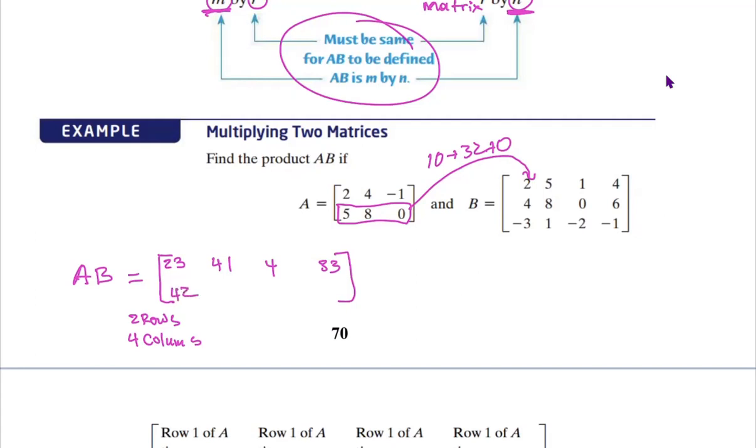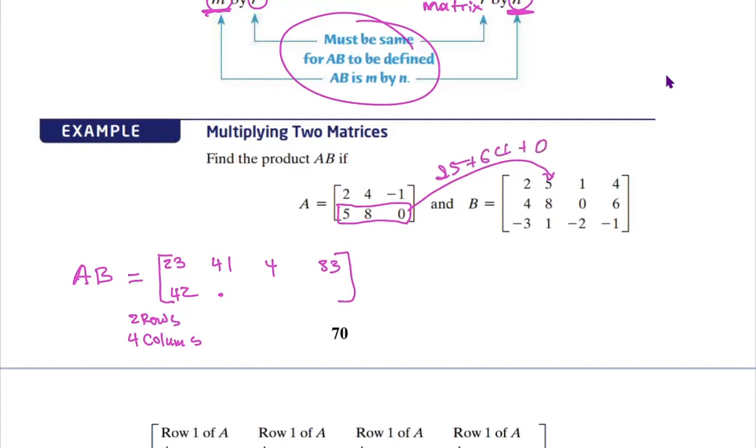Same row, but the second column now that would go here, that's second row and second column. Second row and second column. So that's 5 times 5, 25. 8 times 8, 64. 0 times 1, 0.